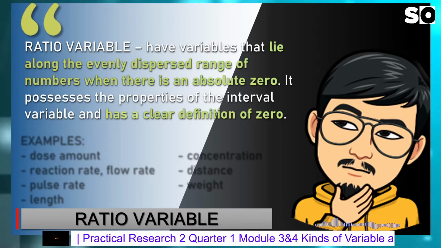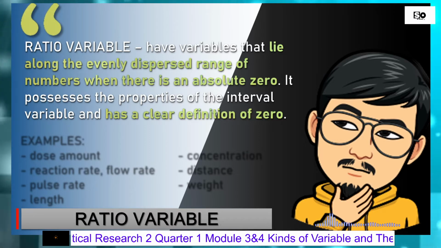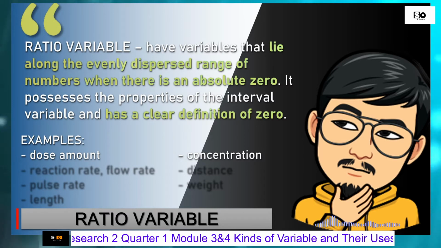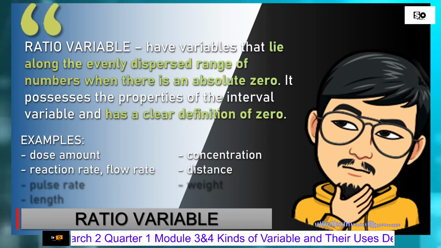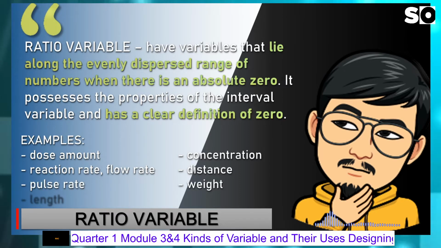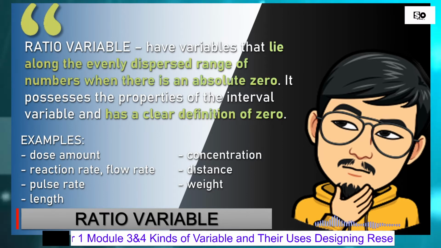Pwedeng may decimal point o wala, basta pasok sa 0 and above na value. Examples: dose amount, concentration, reaction rate, flow rate, distance, pulse rate, weight, length, at marami pang iba.